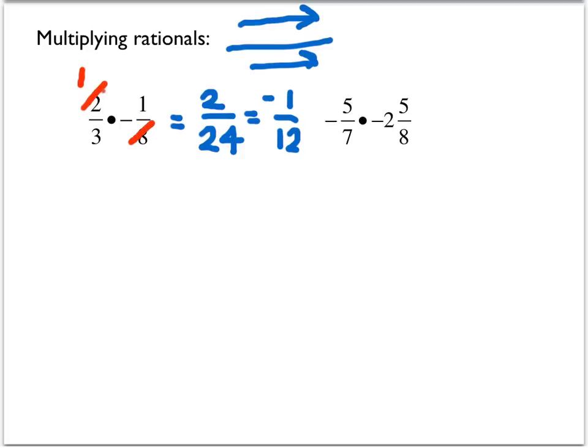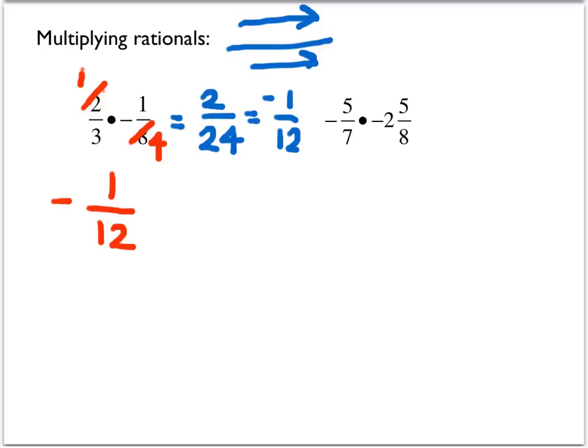If I divide this by 2, I get 4. Now when I multiply across, I get 1. 1 times 1 is 1. On the bottom, 3 times 4 is 12. There's one negative sign, so my answer is negative 1/12. That's the same answer I got the other way I did it, but a lot of times people like to do the reducing beforehand. Works out kind of good.